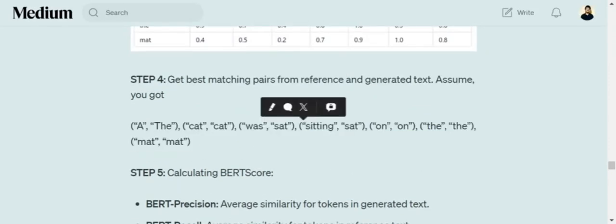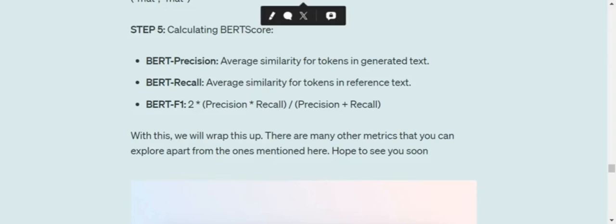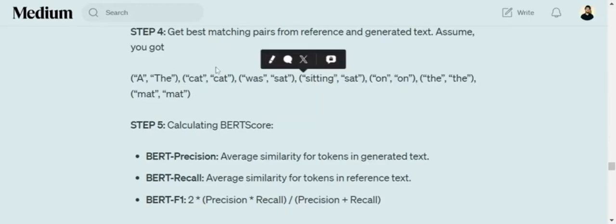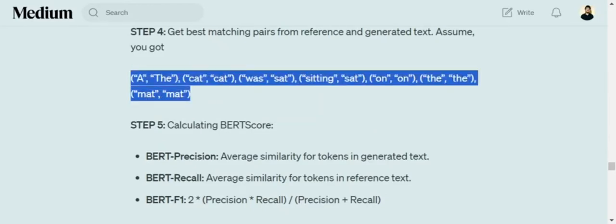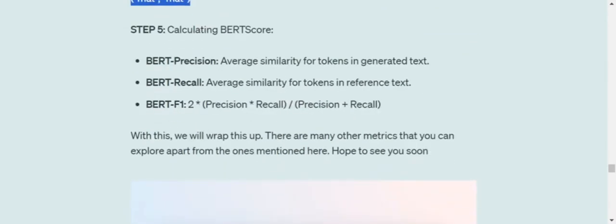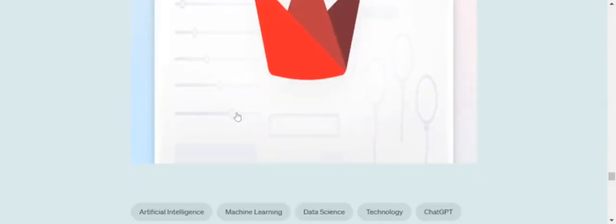We are just taking the cosine similarity between the pairs we are considering and adding them together. For precision, we divide the summation of the cosine similarities for the formed pairs by the length of the generated text. For recall, we divide the summation by the length of the reference text. BERT F1 is easy to calculate, very similar to the one we use in statistics.